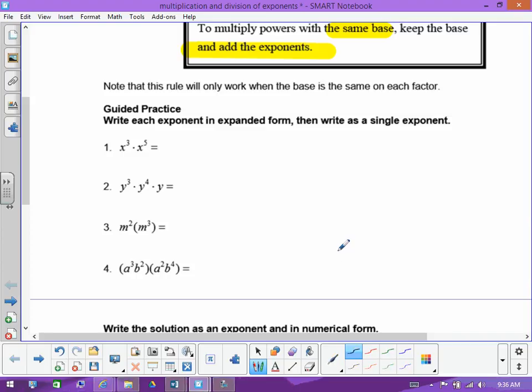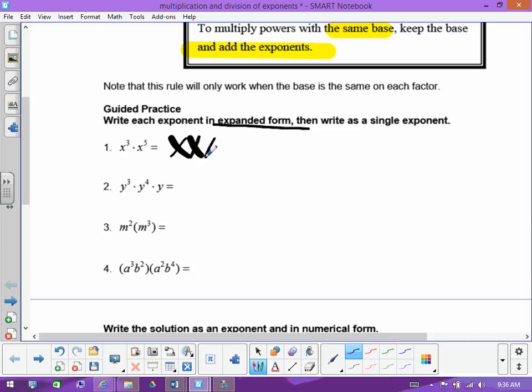Now, when we're talking about expanded form, I say this every single year, and it still happens. If you're getting it right and you're following the rule, fine. If you are not, and you're missing them, and you're not writing it out, then you're making things way hard on yourself. So, expanded form.